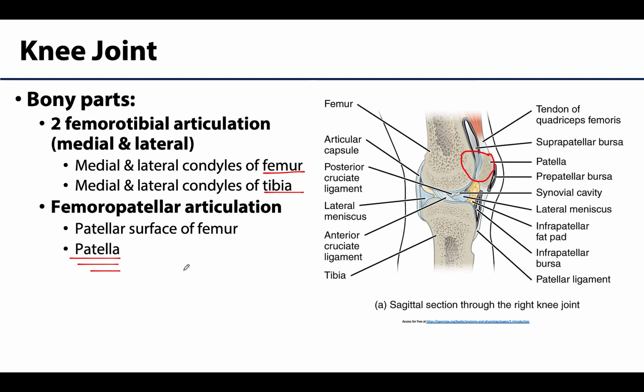And also importantly, this joint is relatively weak mechanically. That has a lot to do with the fact that there's not a good fit between the bones. You have a very shallow tibial condyle with a fairly robust fibular condyle. So just mechanically weaker than some of the other joints of the body.